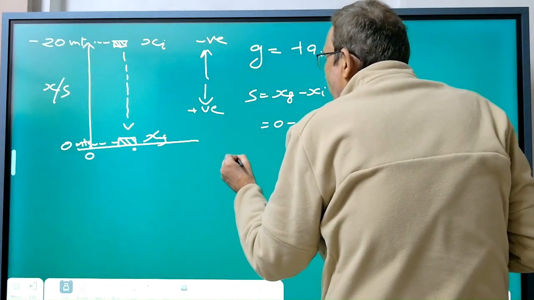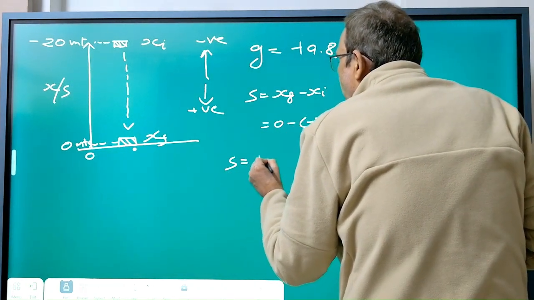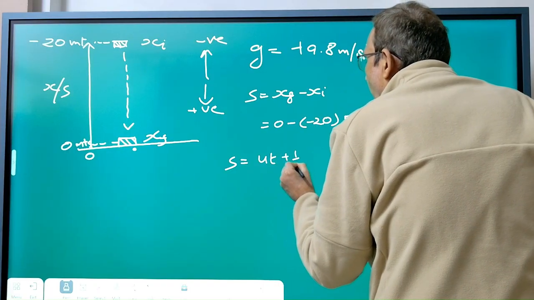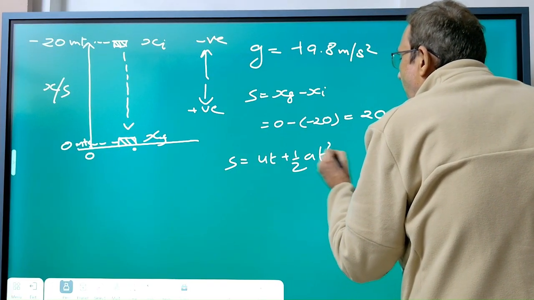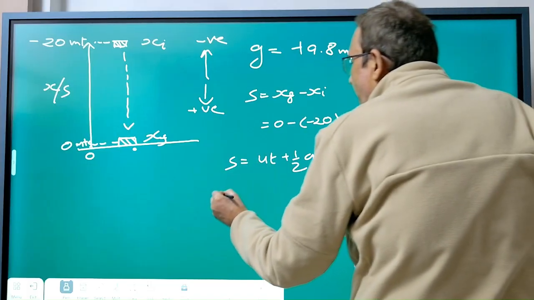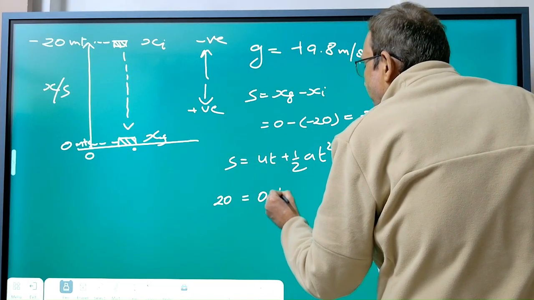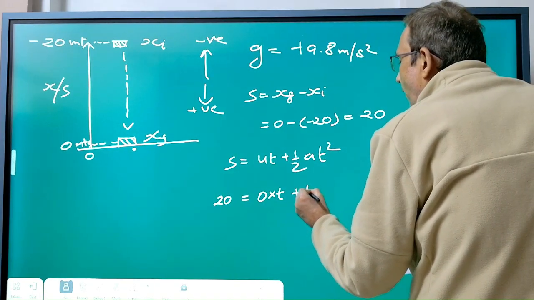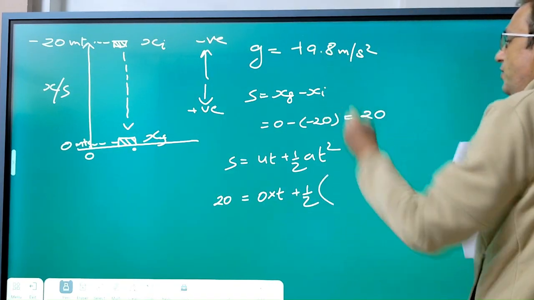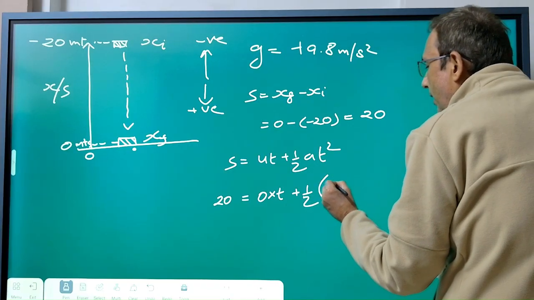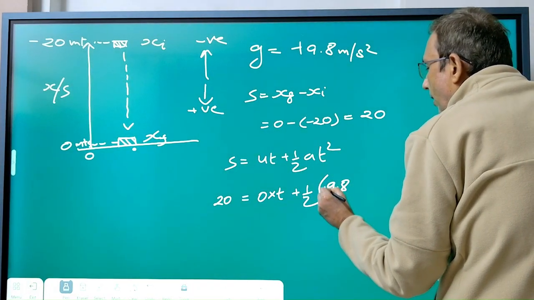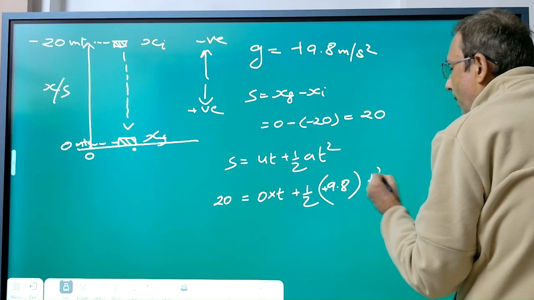And then we use the equation s is equal to ut plus half at square. So s is 20 and u is 0 as always, plus half, then you have g equal to plus 9.8, and then t square.